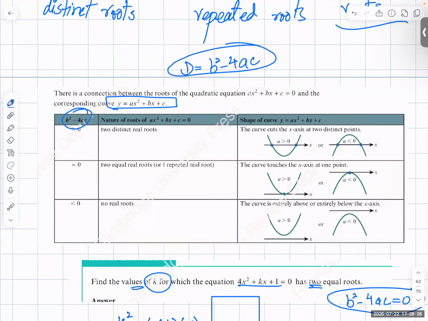So if it is greater than 0, we will have two real and distinct roots. When we solve it, you may get answers like this. And graphically, your curve is intersecting at two different points. If b squared minus 4ac is equal to 0, then we have repeated roots. For example, you get 5 and 5. And graphically, it means that your curve is simply touching the x-axis. And if b squared minus 4ac is negative, then we will have no real roots. Note it down, please.